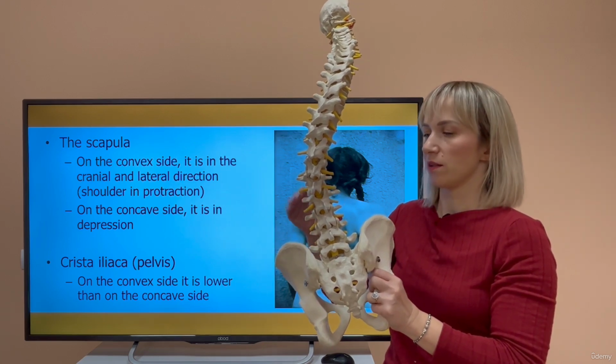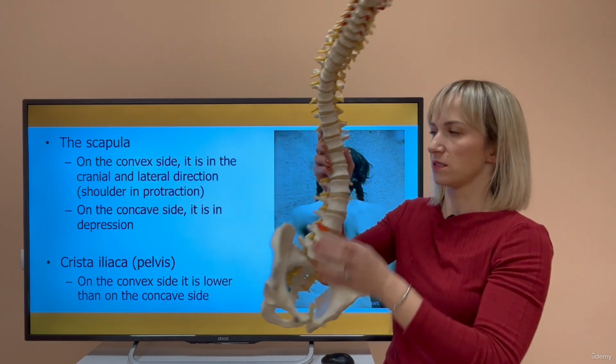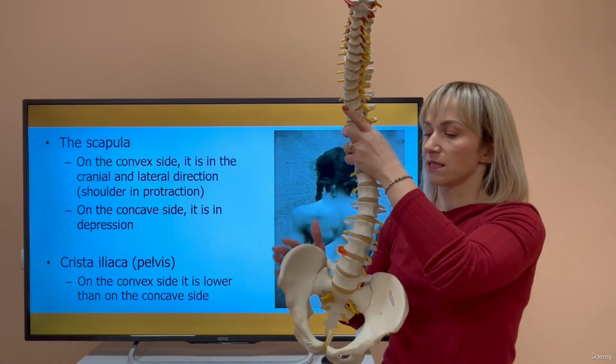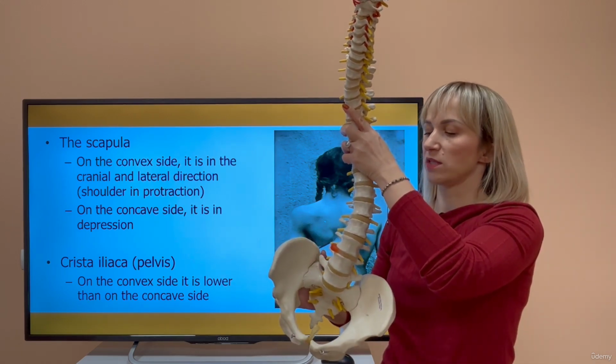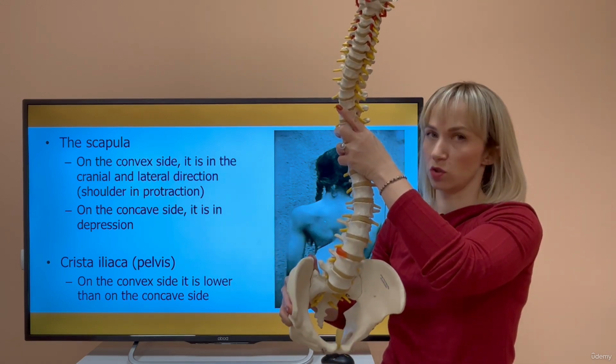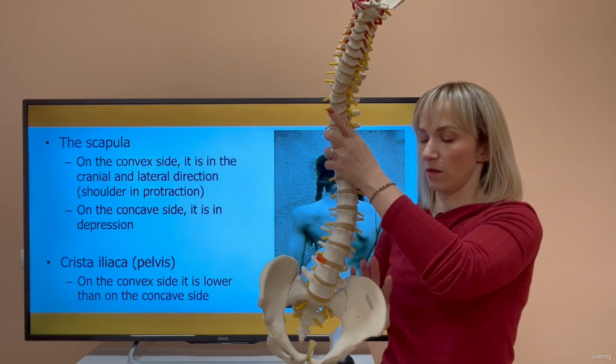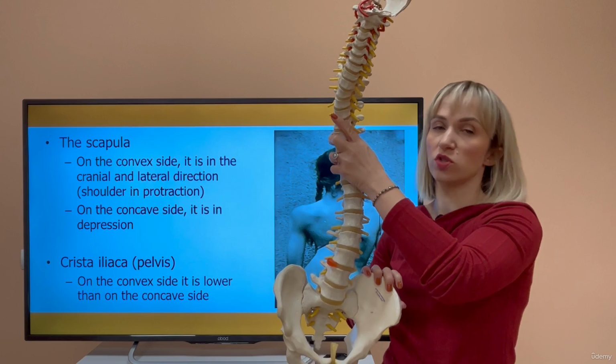But not only this happens. In the concave side, the iliac crest, the pelvis, is not only in elevation, but it's also rotated anteriorly. And in the convex side, the pelvis is rotated posteriorly.